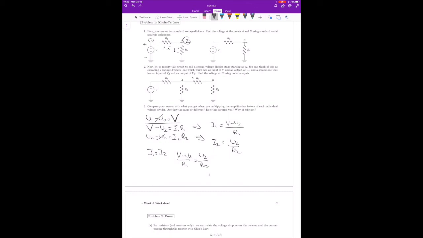Okay, now let's see what I can do. I'll move the U2 over R1 to the other side. So I get V over R1 is equal to U2 over R2 plus U2 over R1.